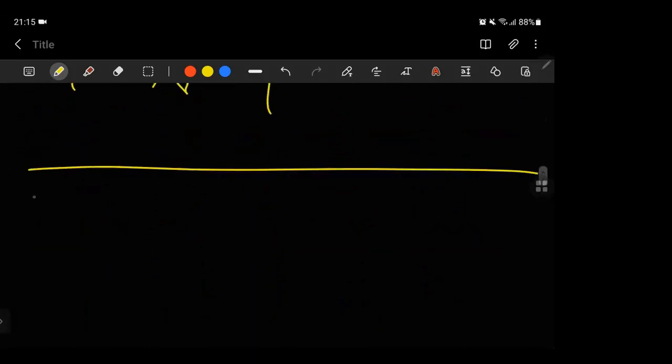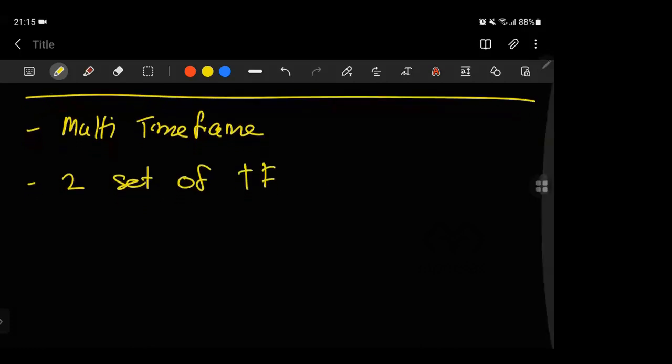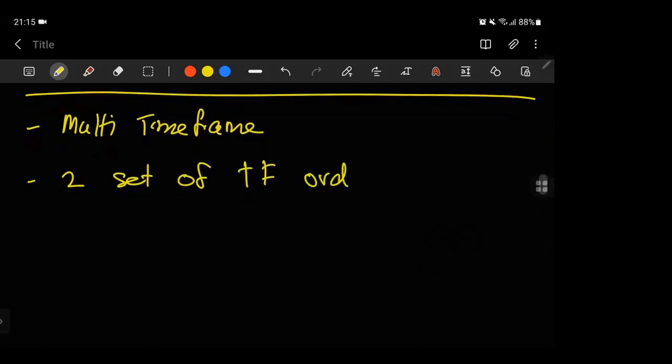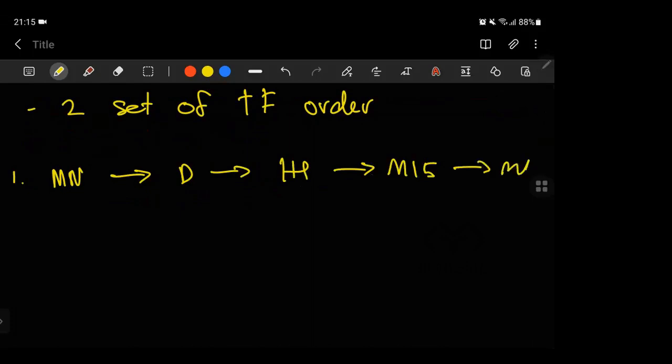So for the multi-time frame, you're gonna have 2 sets of time frame order. The first one, we have monthly, daily, H1, M15, M1.